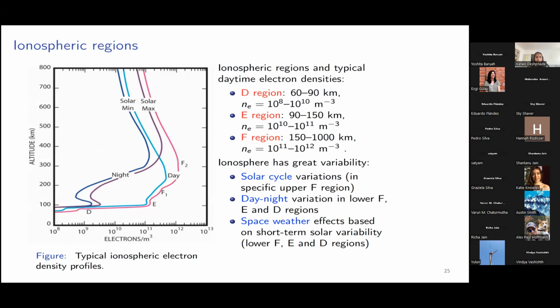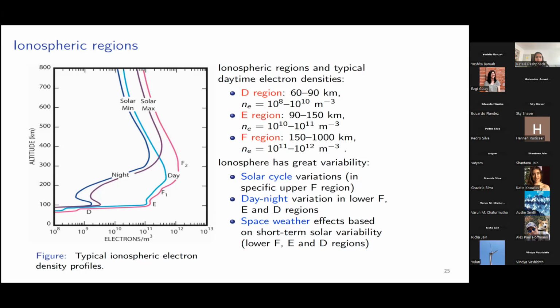The ionosphere has great variability, and that's one of the things that I study. We have solar cycle variation. So right now, as everyone knows, the solar cycle is picking up, and we have larger ionospheric effects. We have day-night variation, and I think I've mentioned that the D region typically goes away, and so does the E region, but the F2 region sticks around.